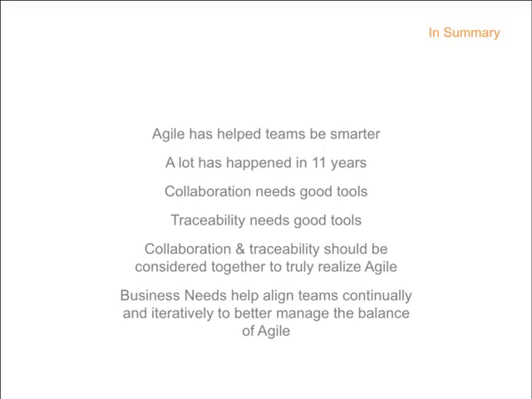And lastly, the business needs, business priorities are really going to help teams continually be iterative and better manage the balance of Agile. So if we go all the way back to the original slide, what I was really showing was that Agile is about a balance between the left and the right, with emphasis on those items on the left.